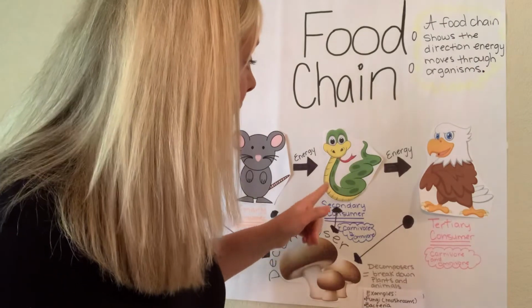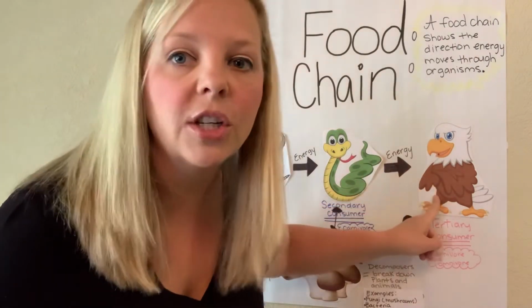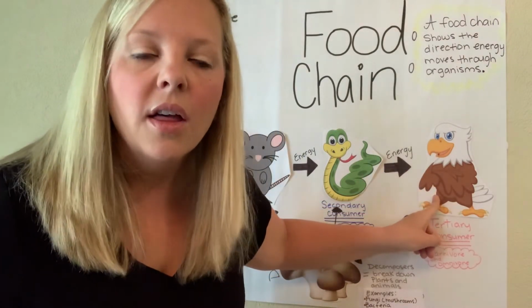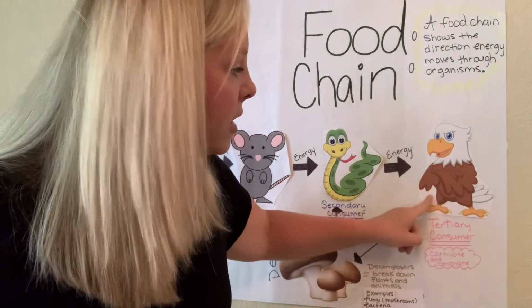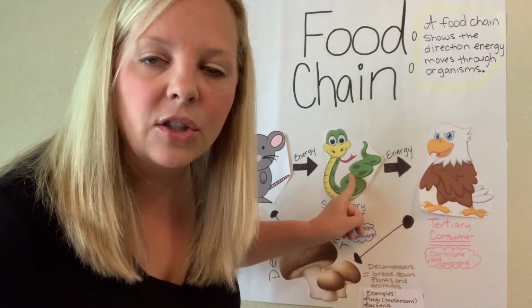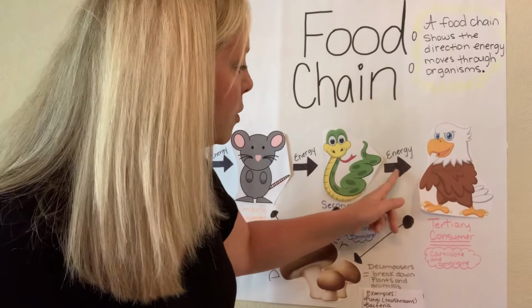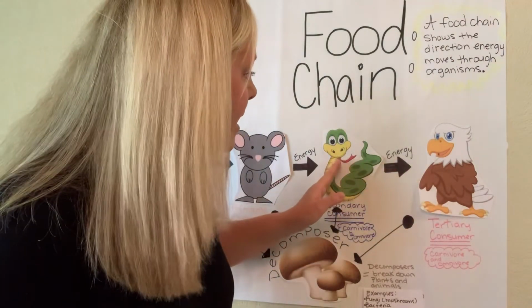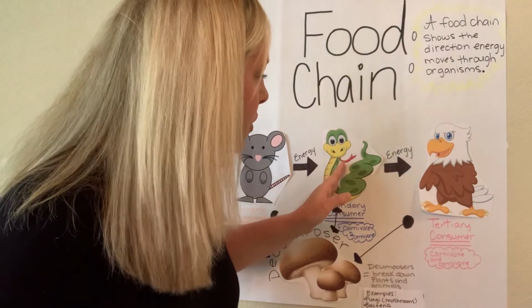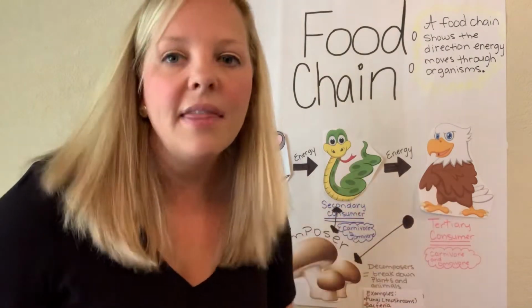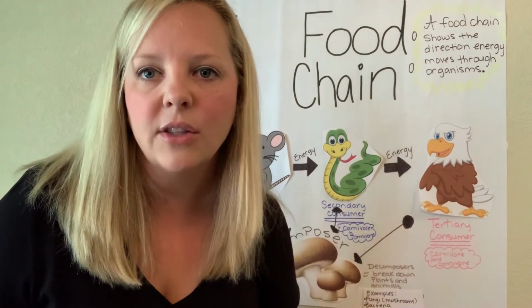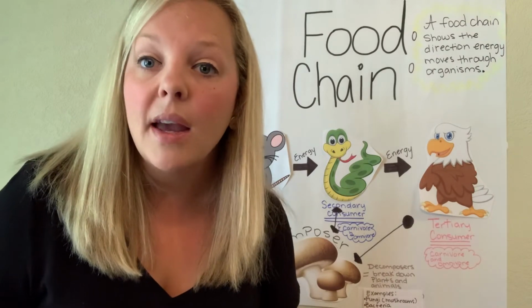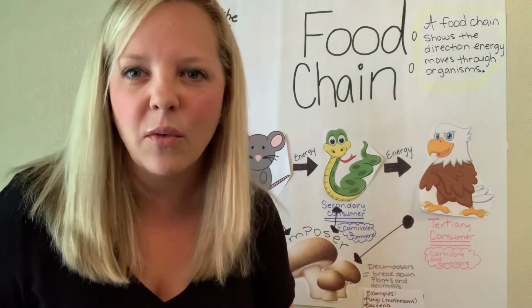When you go to the next level, you're going to get to the tertiary consumer level. The tertiary consumer is going to eat the secondary consumer. But notice the arrow is pointing from the snake to the eagle, because the snake is going to give energy to the eagle. And the eagle is therefore called a tertiary consumer. They can either be a carnivore or an omnivore as well.